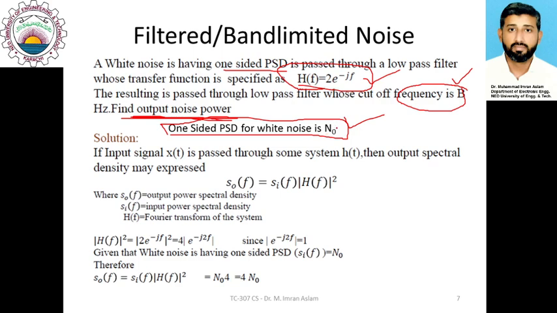We are given the input power spectral density, which is N naught. If I ask you to find the output power spectral density, we know that we have this simple relationship.